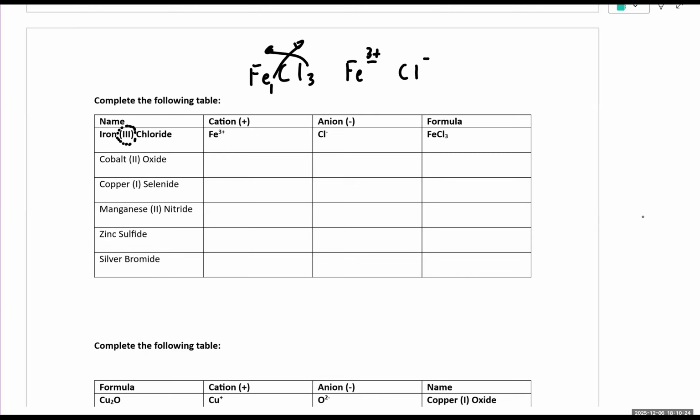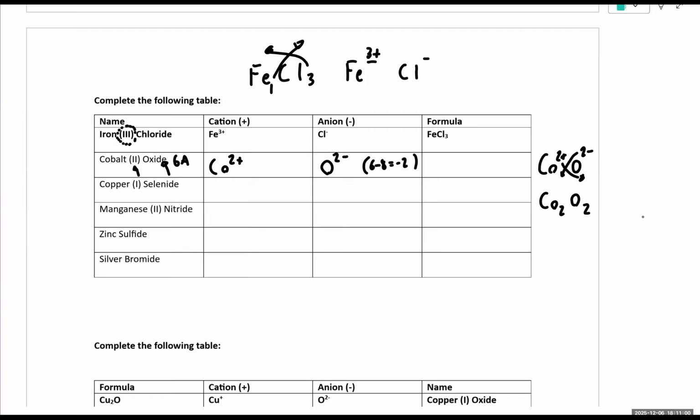So let's do another example here. For cobalt 2 oxide, this 2 tells us we have cobalt 2+. Oxide tells us we have oxygen, which is a 6A element. Oxygen prefers to adopt a 2- charge, because remember 6 minus 8 gives us negative 2. Now that we have cobalt 2+ and O2-, we can cross our charges into the subscript, and that gives us Co2O2.